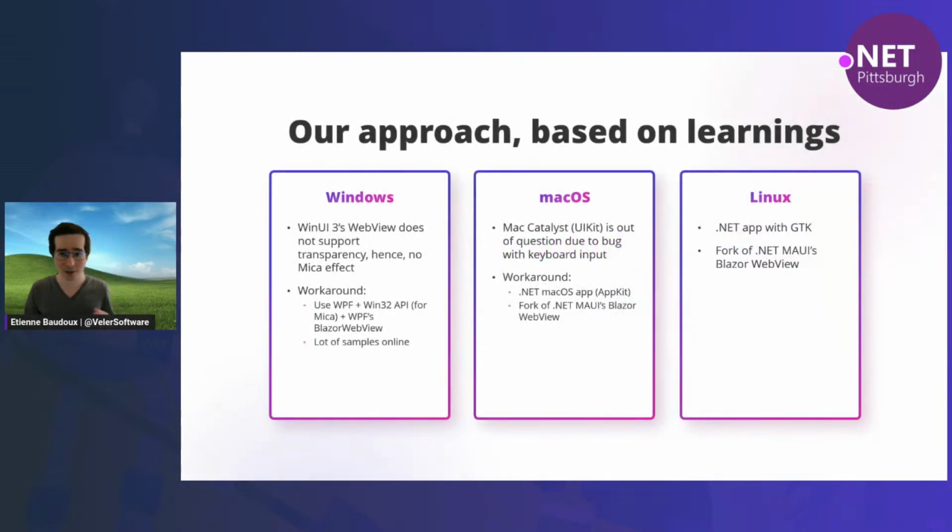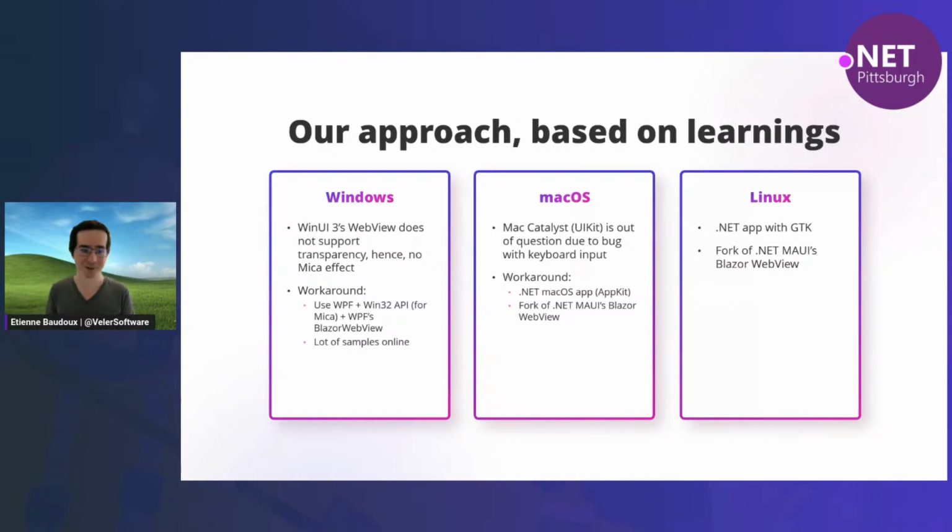And based on the learning we got with the previous framework that we talked about, here is what we came up with. So on Windows, since WinUI 3 does not work for us because we really want the Mica effect, but the web view does not support transparency, then we use WPF with the WPF Blazor web view, which supports transparency very well.